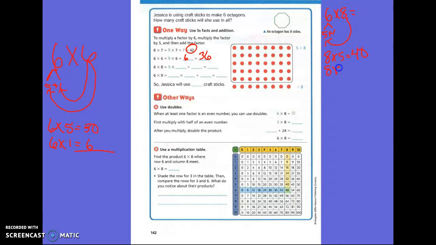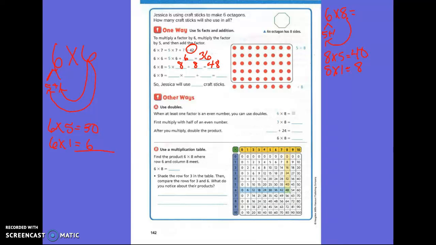Now, what's 8 times 1, because these two are going to make it 6? 8. So what's 40 plus 8? 48. So 5 times 8 plus another 8 equals 48.